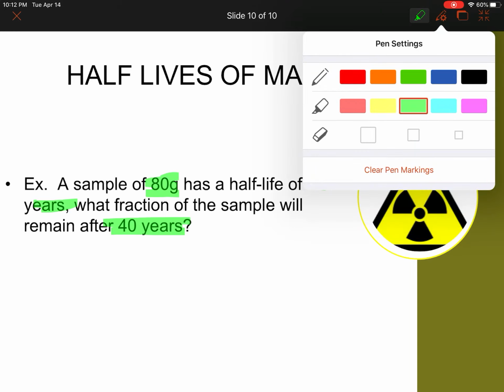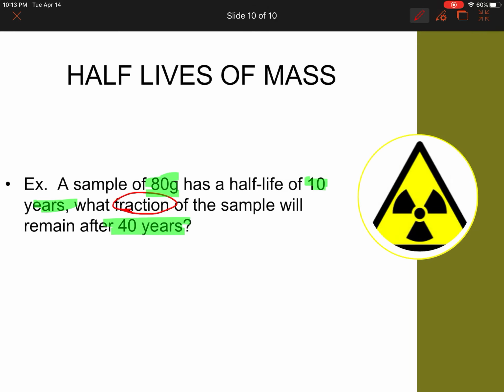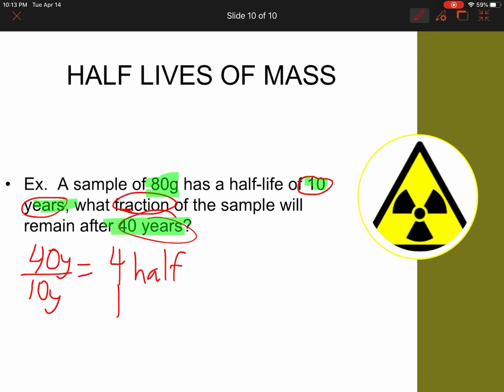Again, guys, what do we notice over here? Well, it says fraction remaining, so that's important. I see 10 years, right? I see 40 years. Is that 2 units of mass or 2 units of time? Well, it's 2 units of time. We take the larger number and simply divide it. What's 40 over 10? Well, it's going to give me 4 half-lives.